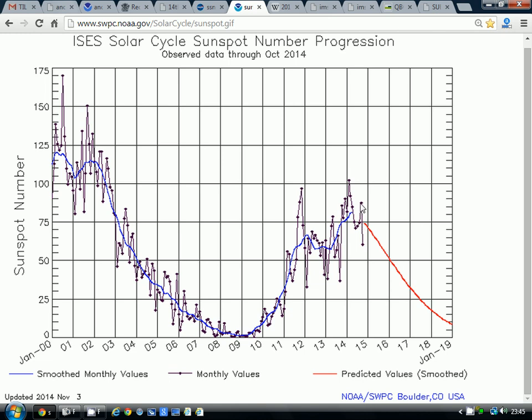Look at that, we actually went up quite a bit in September, had quite a big spike. But in October, we get this big drop down from September to October. So that is the very latest position of where we are in terms of this sunspot cycle, up to October 2014 with a very big drop down from September to October.